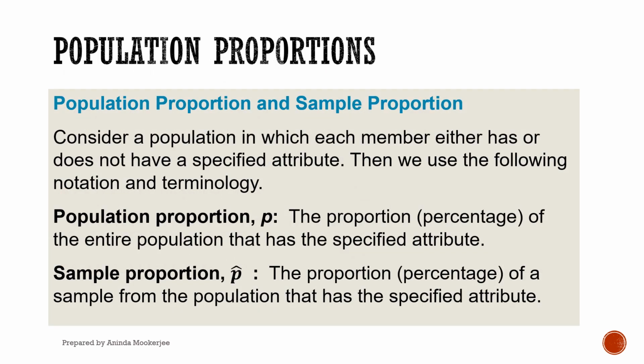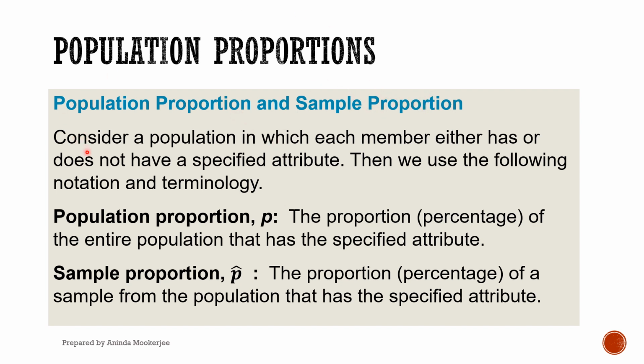Let's talk about the population proportion and sample proportion. Just like we had population mean and sample means, we talked about them in the previous chapters. For this study, we will only talk about proportions, so it'll be population proportion and sample proportion.